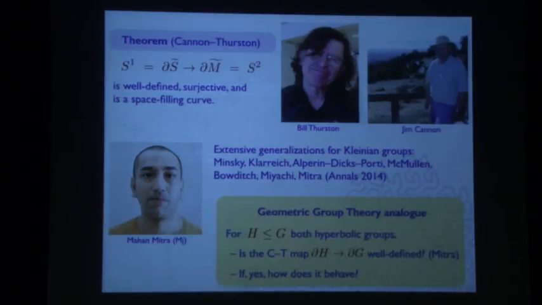Then Mitra asked, how does this work in the geometric group theory context? If you've got hyperbolic groups H and G, is the Cannon-Thurston map always well defined? And if so, how does it behave?